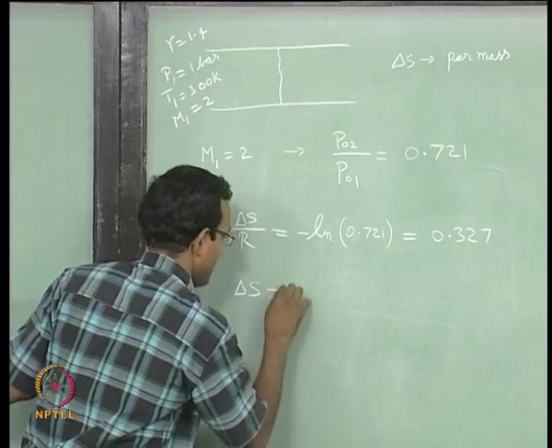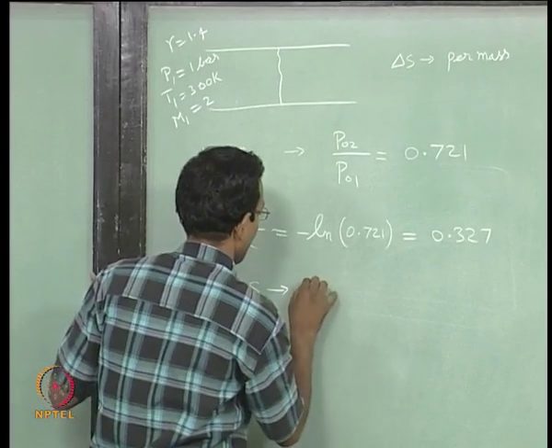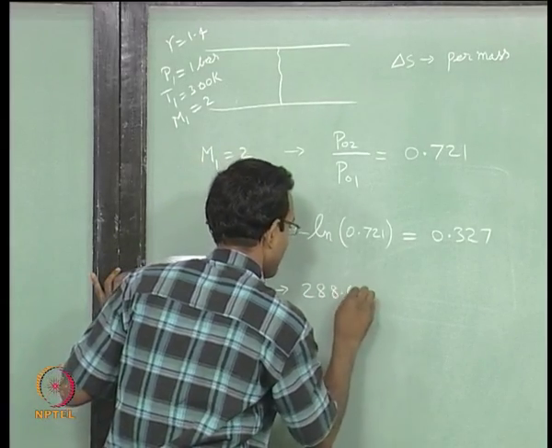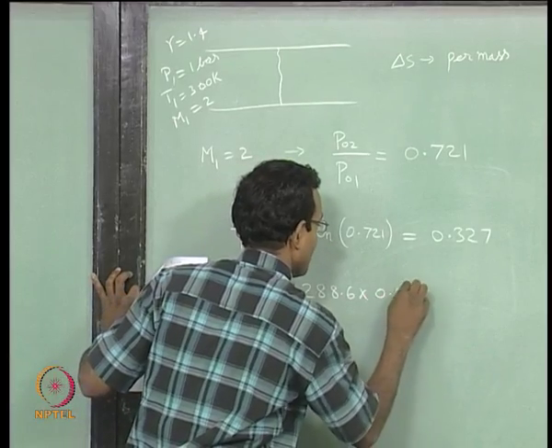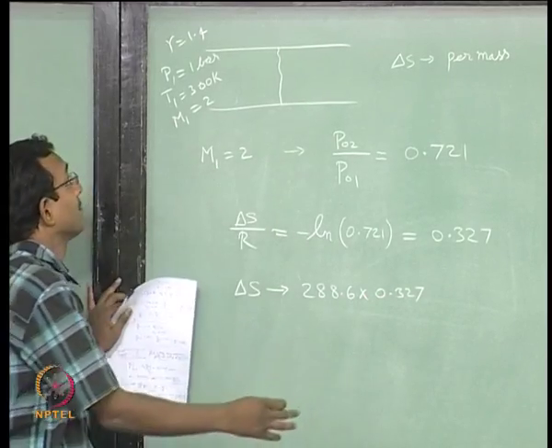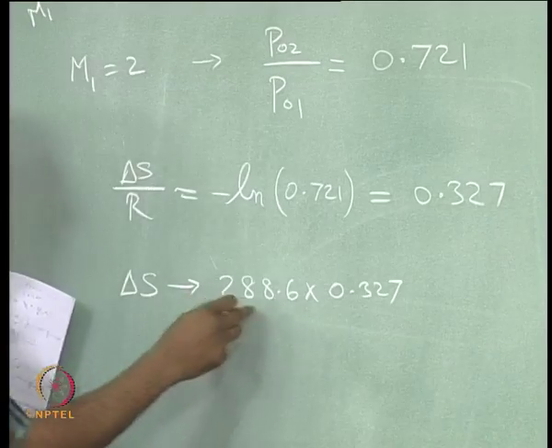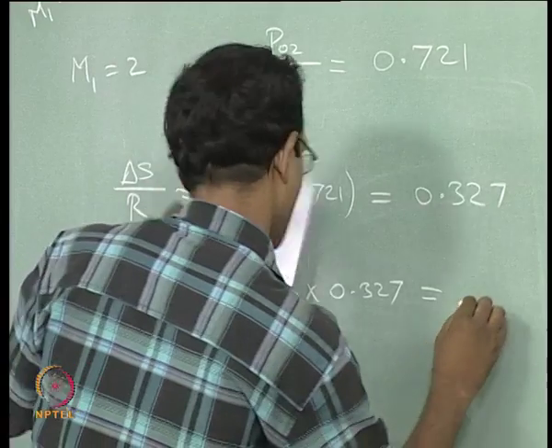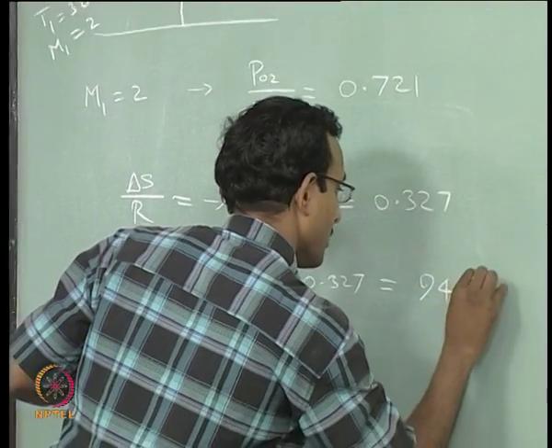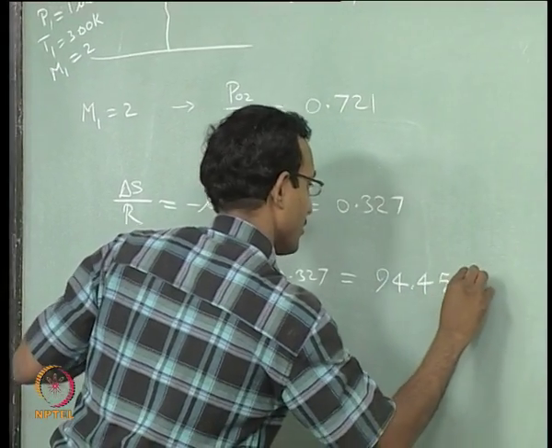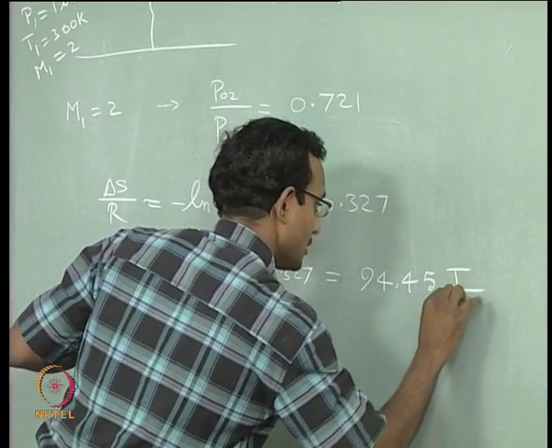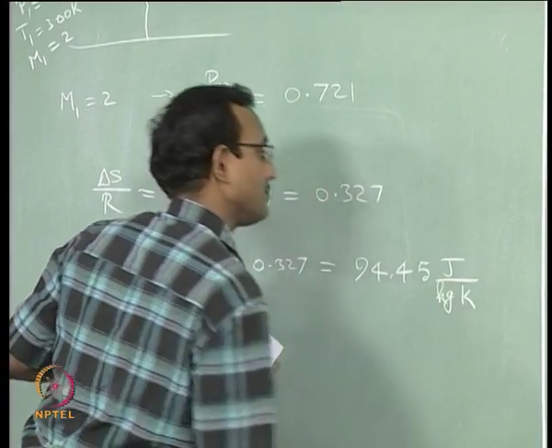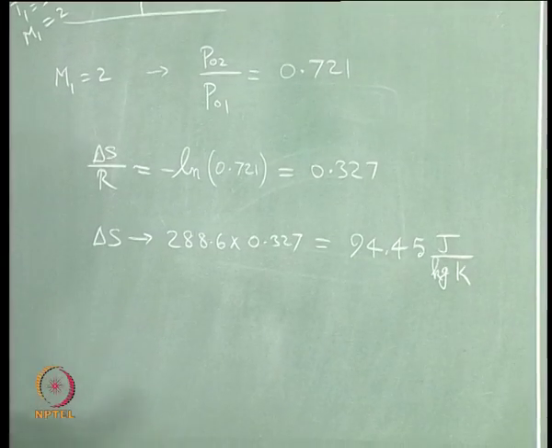Delta S will be 288.6 into 0.327, since it is air. That gives me 94.45 joules per kilogram Kelvin.